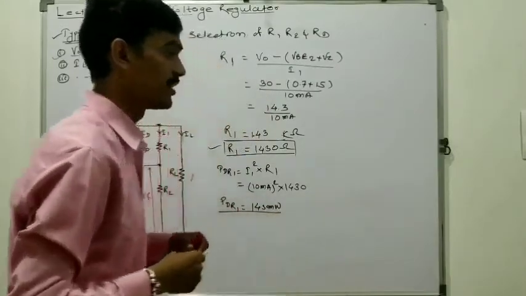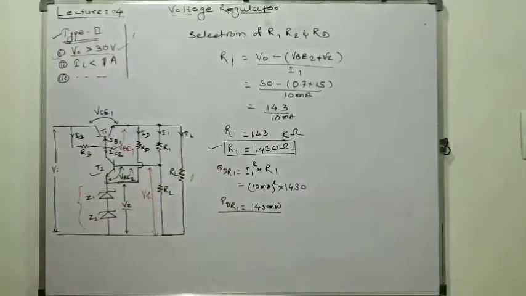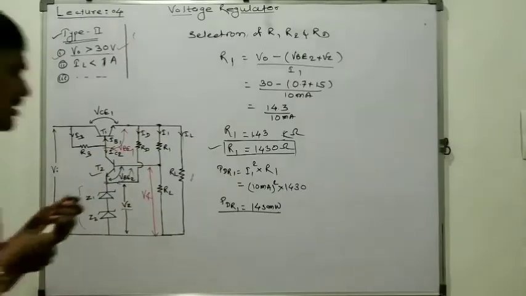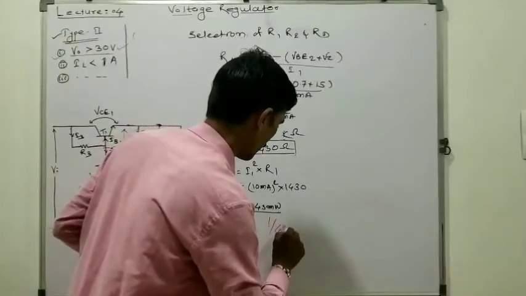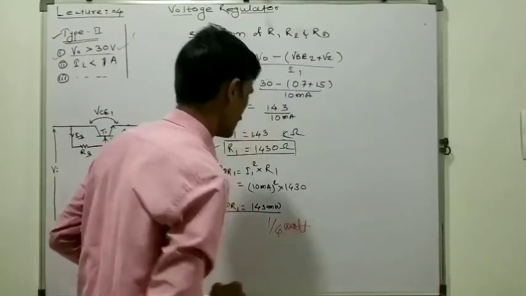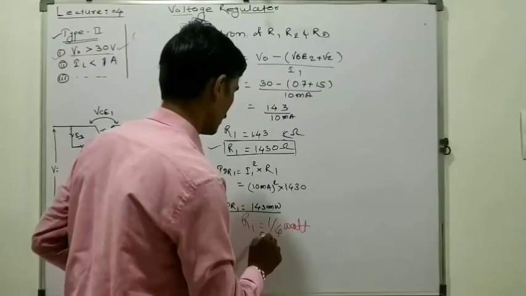So select a resistance with a value of 1430 ohm and power dissipation of 143 milliwatt. So we can select a 1/4 watt resistance R1 with this value.